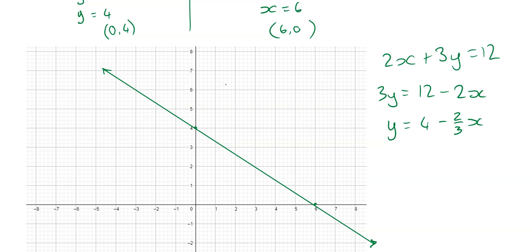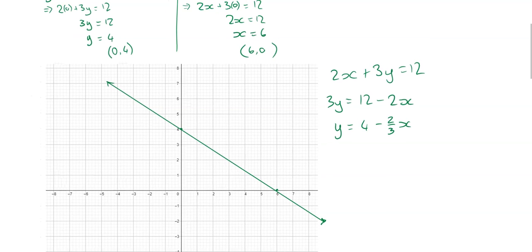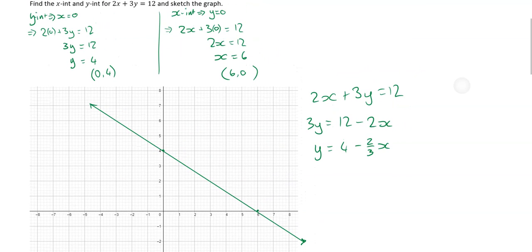Any questions about that? So we're just finding the x-intercept and the y-intercept, using that as 2 points, and plotting the graph. Sorry? Yeah, sure. Of course. So you can write that down now. Just put it like that.